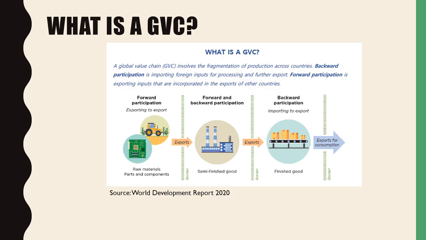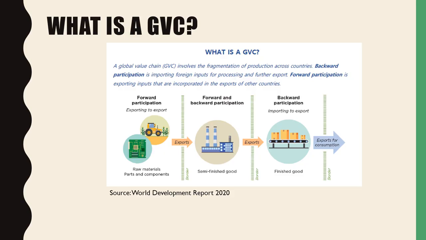For the finished goods being exported, we may want to know how much of them is produced domestically. For the example of the smartphone and t-shirt, the smartphone may be exported by a country, however the components are all imported.